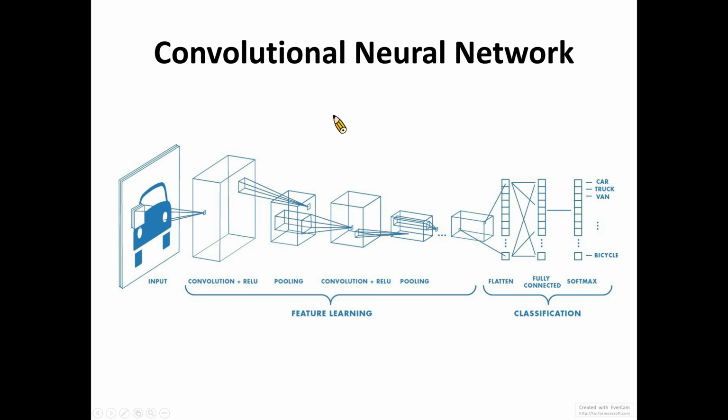Back to this architecture. We can repeat the convolution, ReLU and pooling layers several times to reduce the dimensionality of our input image into a small number of inputs, so that we can fit this small number of inputs into our neural network.